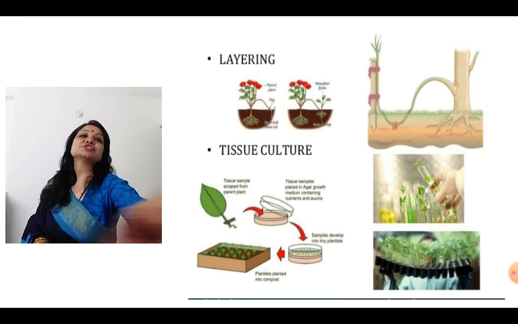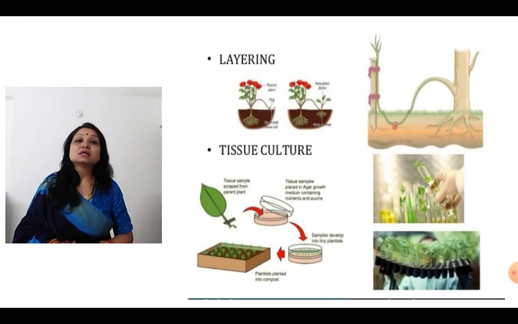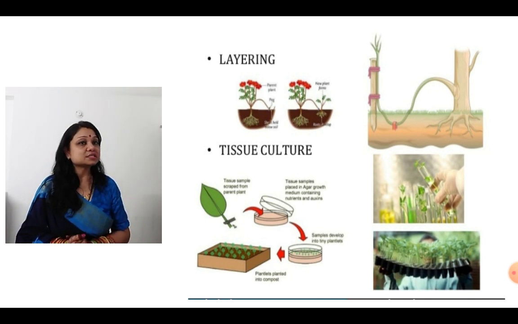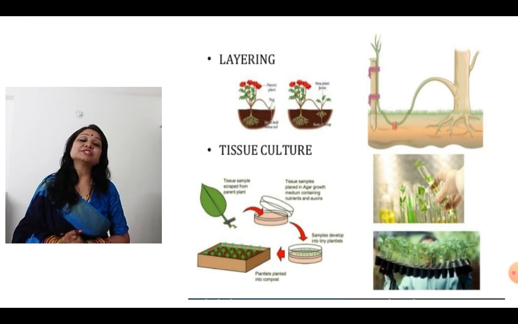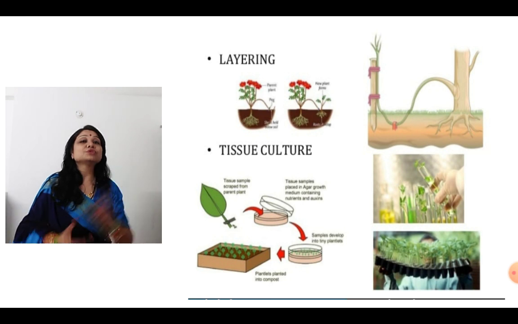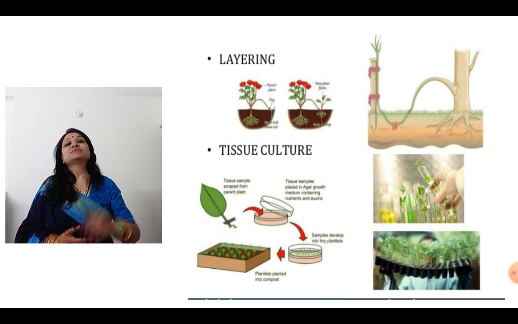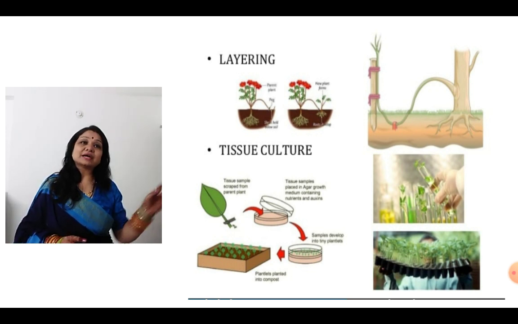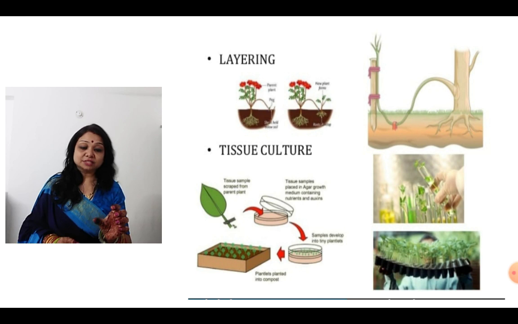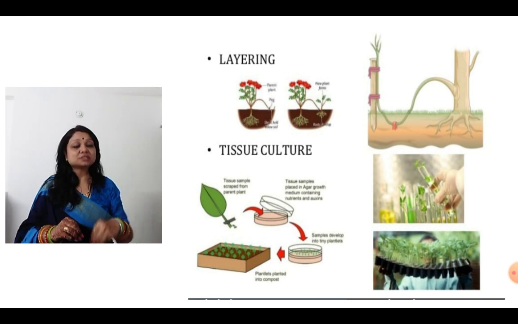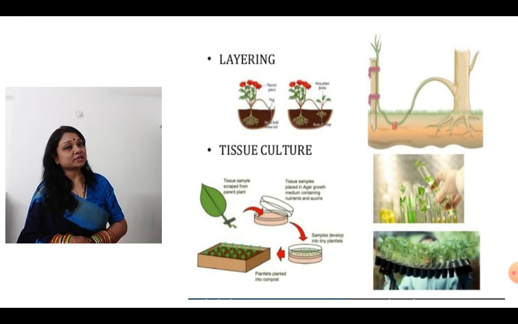The next artificial method is layering. What we do in layering is mainly use plants which have long branches, like lemon or hibiscus. We take the branch, and at the center portion of that branch we dig the ground, put it in the soil and cover it with soil again.